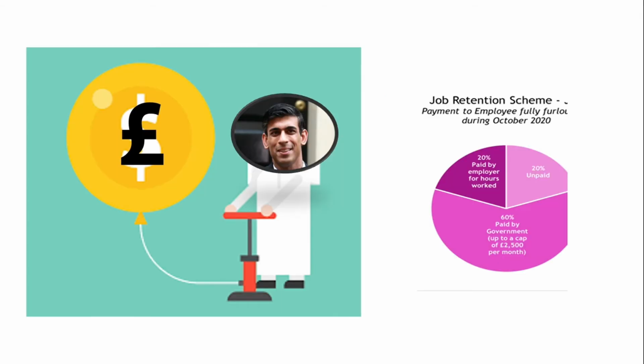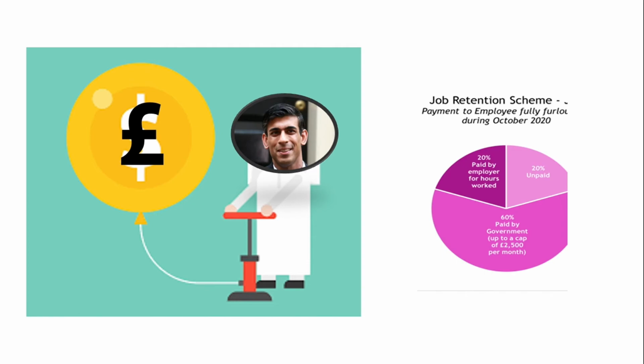Expansionary fiscal policy was also used by Rishi Sunak, as 100 billion pounds has been pumped into the economy to recover from the coronavirus recession, and the job retention scheme was used to reduce unemployment in the economy.